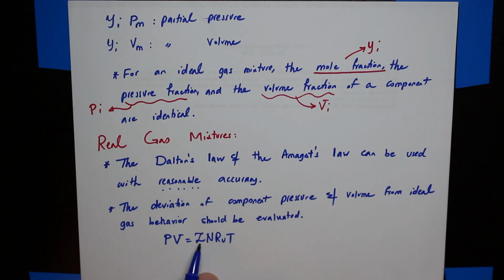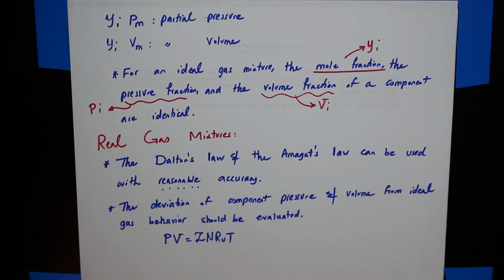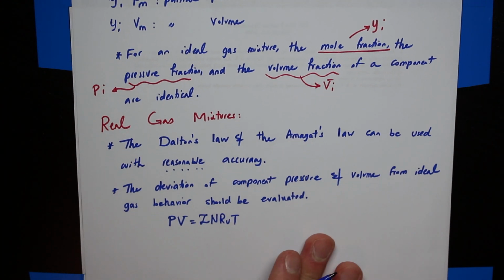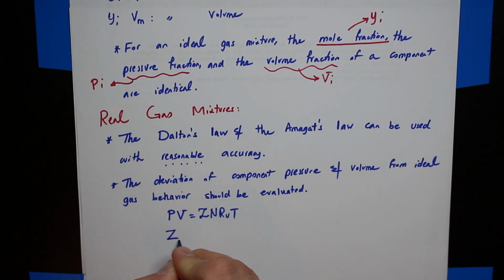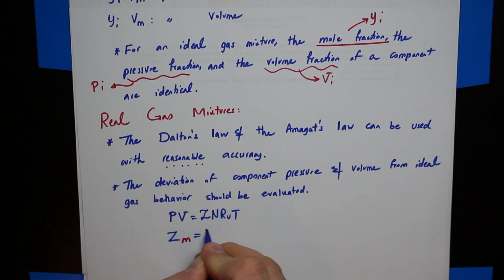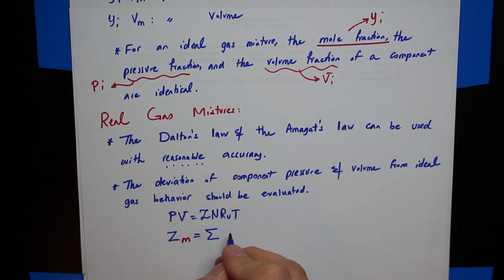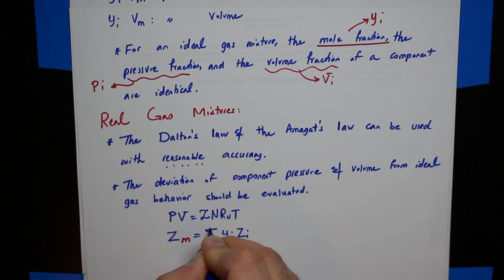So what we want to do is evaluate or obtain the z value for each of those components. Based on that, we are going to obtain the z of the mixture, z_m, by just adding up y_i multiplied by z_i, where i starts from 1 to k.